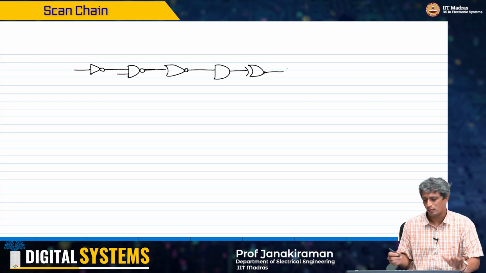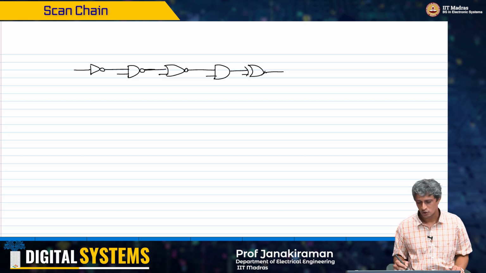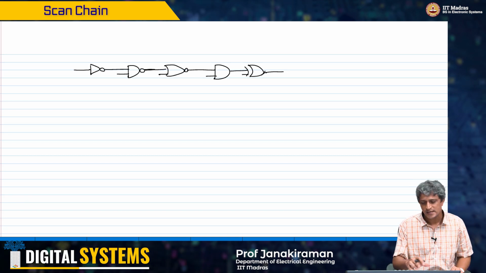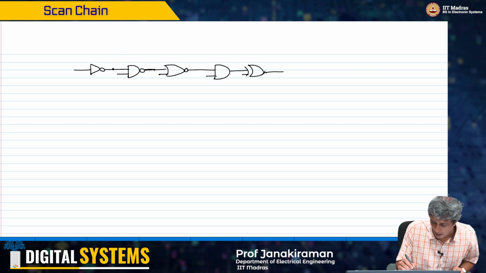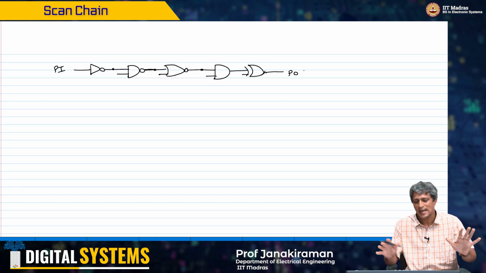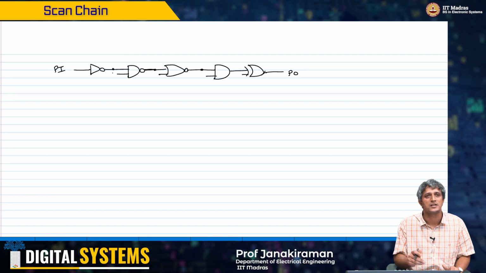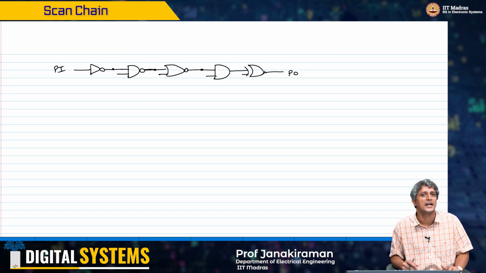I'm just showing you some random path like this. So let us say that these nodes are all internal nodes that are not accessible to us. This is a primary input, this is a primary output. They are accessible to us. But I want to be able to know the internal state of these nodes as well.